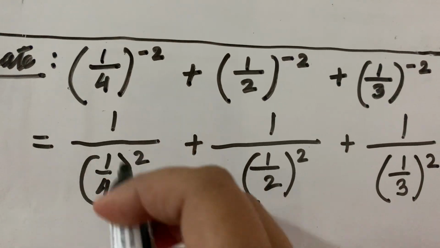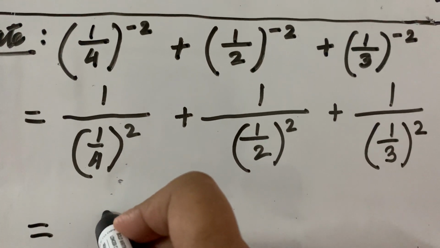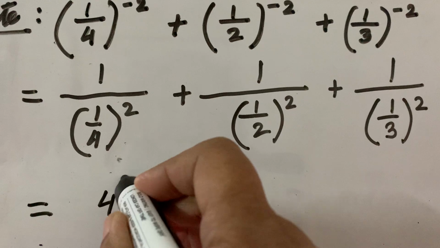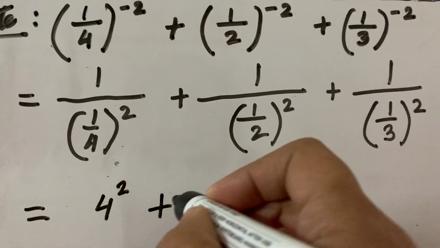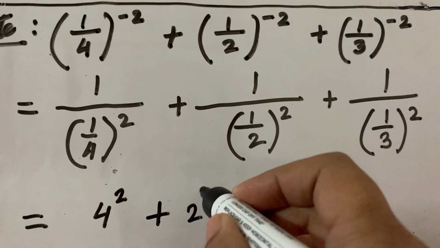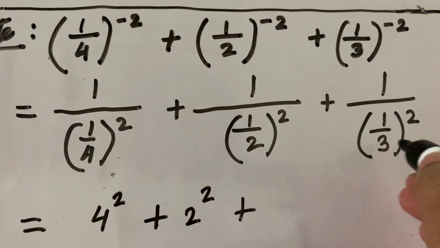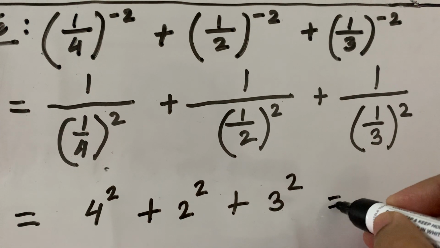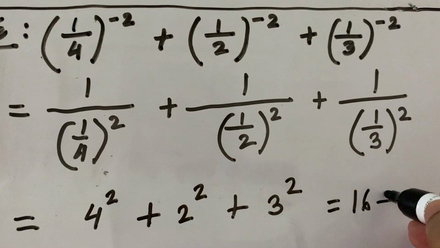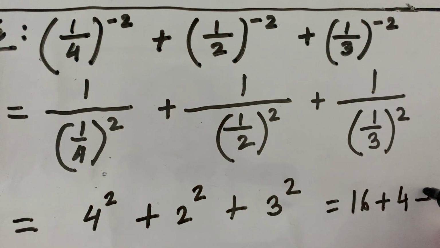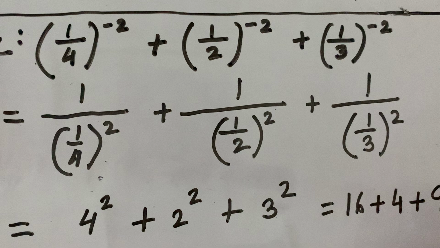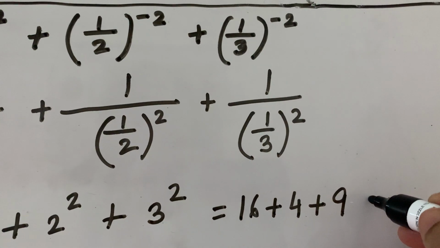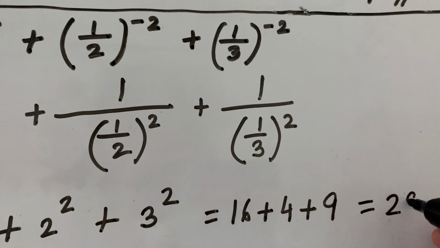This 4 square will go up. So ultimately we will get only 4 square plus 2 square plus 3 square. So simply do the calculation. 4 square is 16, 2 square is 4 and 3 square is 9. So this gives the answer of 29.